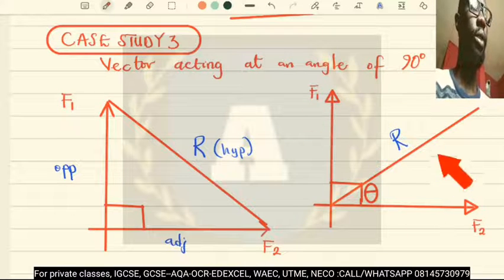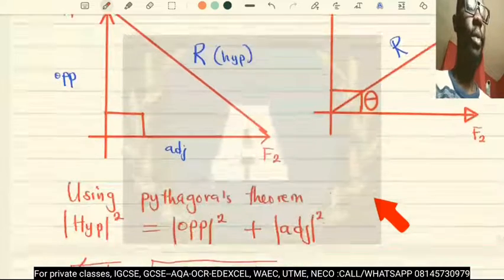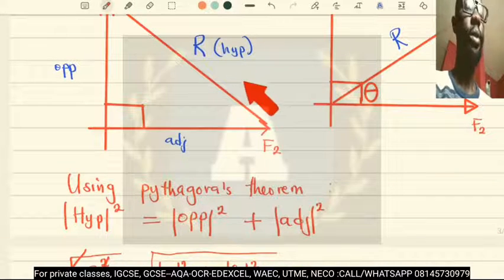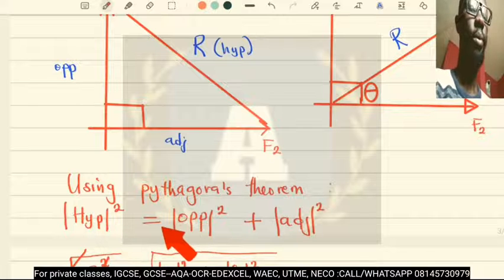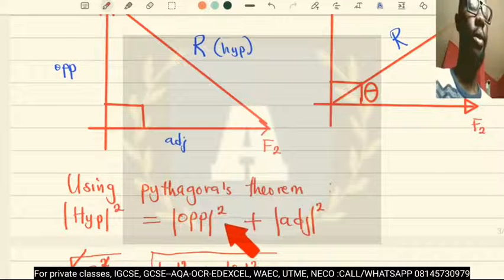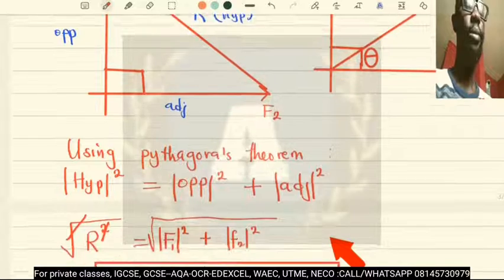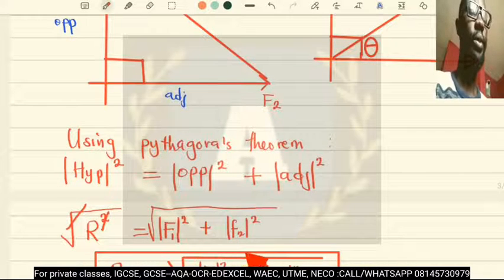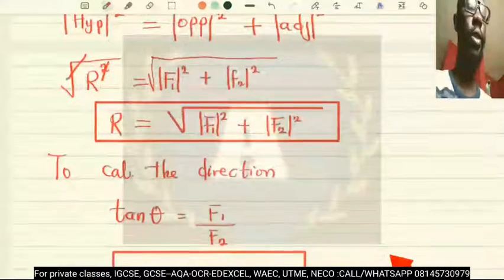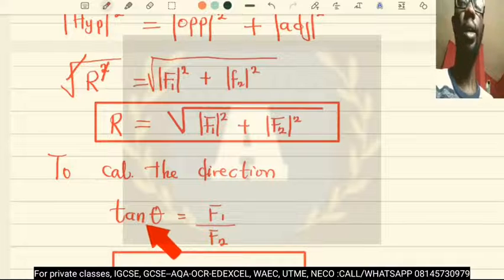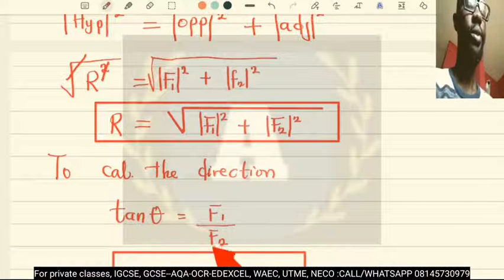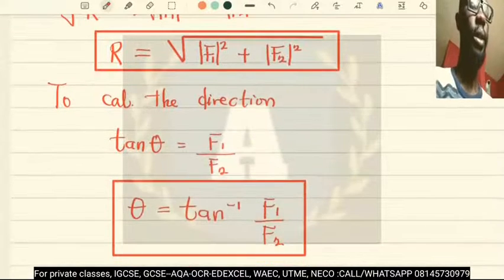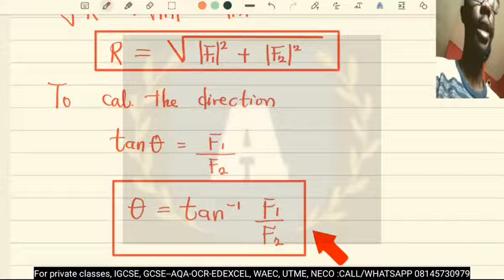You can equally use this. Then using Pythagoras theorem, the resultant, which is the hypotenuse, square equals opposite square plus adjacent square. You input the values, then you get the resultant. And to calculate the direction, you have to use the tan angle of the two magnitudes.